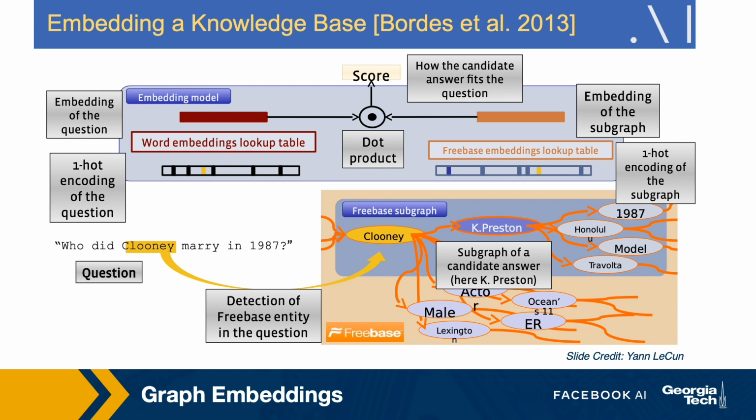You also have embeddings of the question through the word embedding table. You can then detect the entity in the question, find the corresponding entity in the Freebase subgraph, and find the relevant entity to answer this question through the entity embeddings. So that's the high-level idea. Again, we're going to talk more about examples of how to use graph embeddings in the applications section.